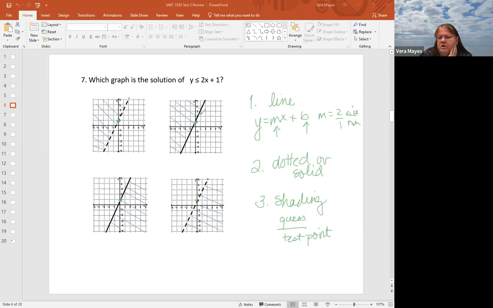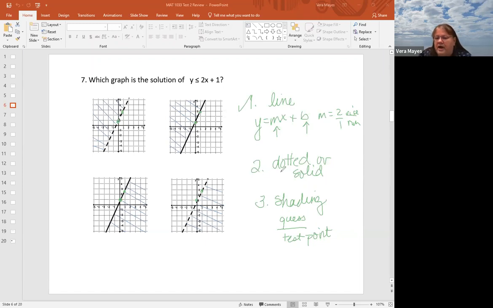So over 1, up 2, over 1, up 2, and so on. So everybody looks pretty good so far. So that's step 1. I kind of have my 2 dots.